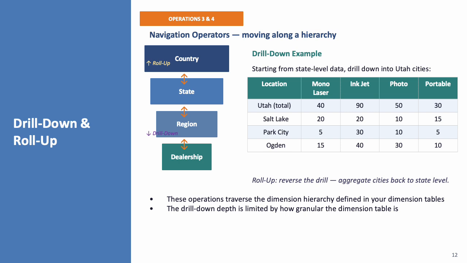For example, the location dimension might be organized as country, then state, then region, then individual dealership. There is a hierarchy. Each level is more granular than the one above it. It has more details. When we drill down, we move from a less granular level to a more granular one.